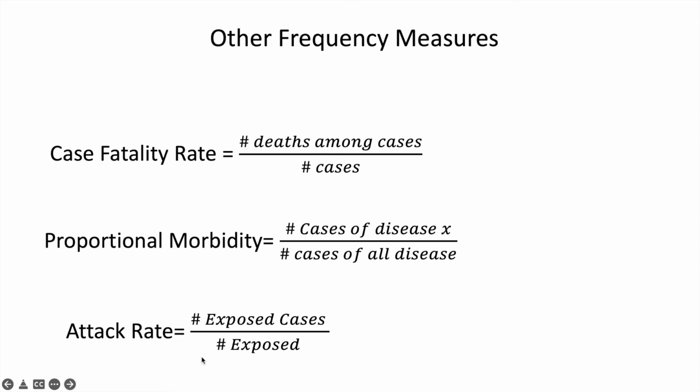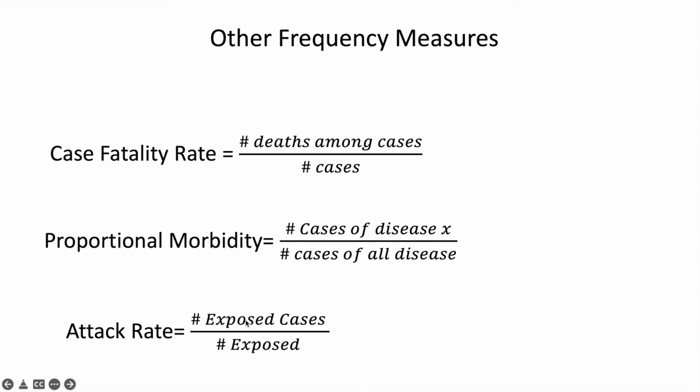Attack rate is kind of cool. Attack rate is the number of exposed cases over the number exposed, and why it's kind of cool is because it was one of the first statistics I learned taking an epidemiology course in undergrad, where the prof had a really neat exercise about a picnic where some people got food poisoning, and we were trying to figure out what dish was causing it.